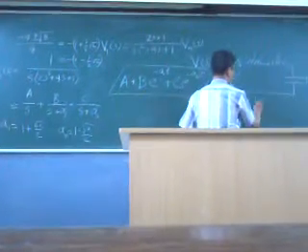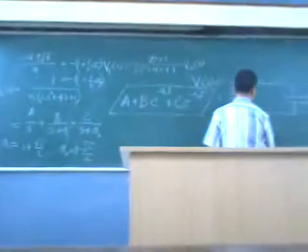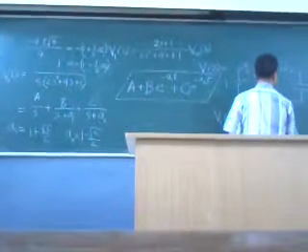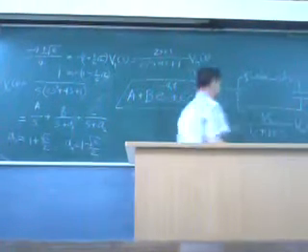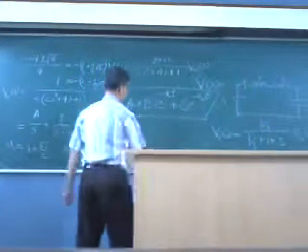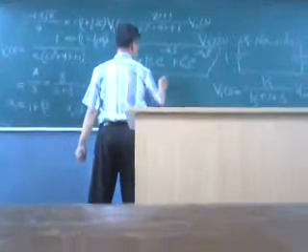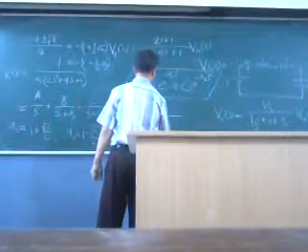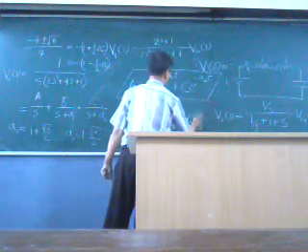VOS is equal to 1 upon S upon 1 upon S plus 1 plus S into V in S. Multiplied by S everywhere, we get VOS is equal to 1 upon S square plus S plus 1 into V in S.